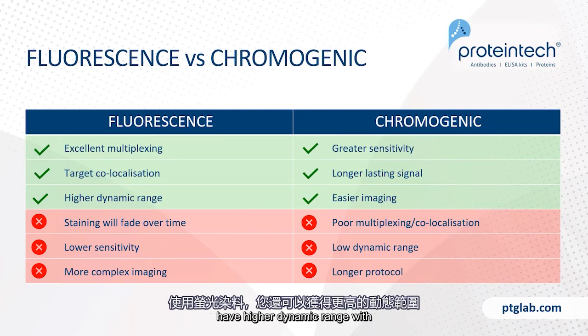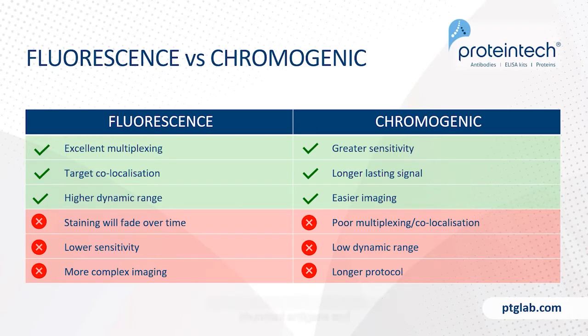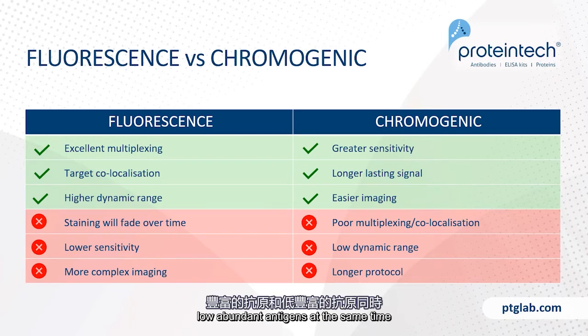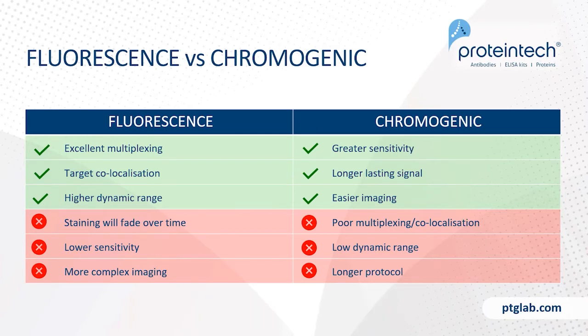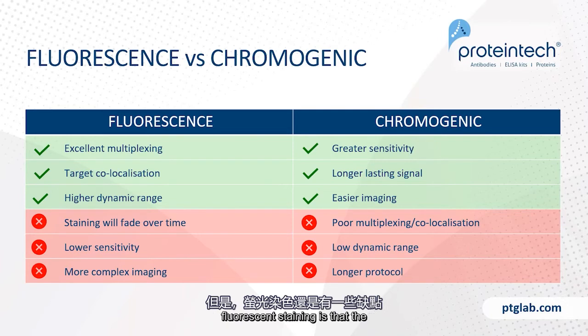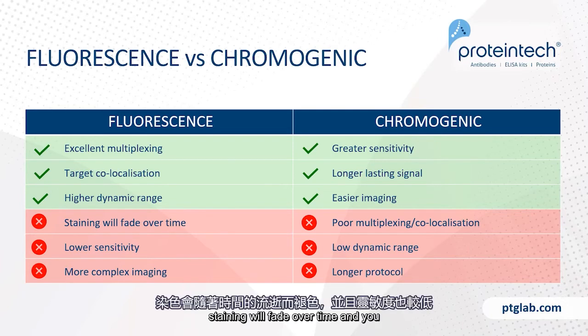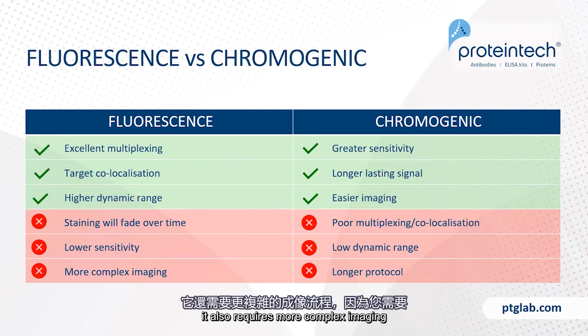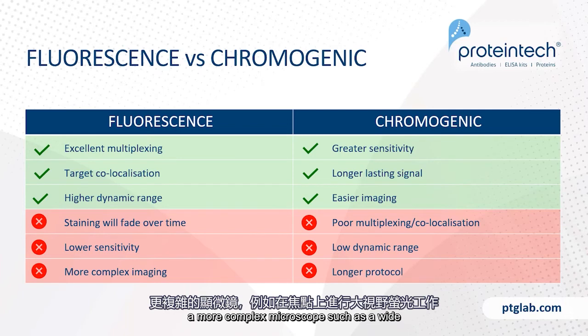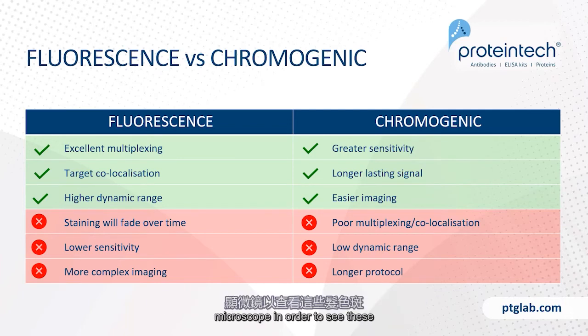You also have higher dynamic range with fluorescent staining, as this allows you to see highly abundant antigens and low abundant antigens at the same time. However, some of the negatives of fluorescent staining are that the staining will fade over time, and you also have lower sensitivity. It also requires more complex imaging protocols, because you require more complex microscopes, such as a wide field fluorescence or a confocal microscope, in order to see these.